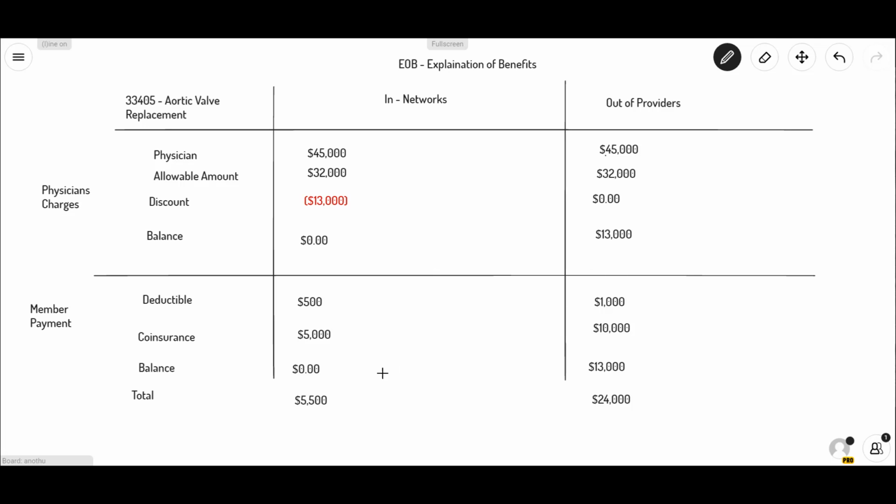In-network benefits, you've got the predictable out-of-pocket expense, $5,500. Your out-of-network benefits, you were at $24,000. I mean, a $19,000 difference for the same procedure. So if there's one message here, it's stay in network. Whenever possible, stay in network.